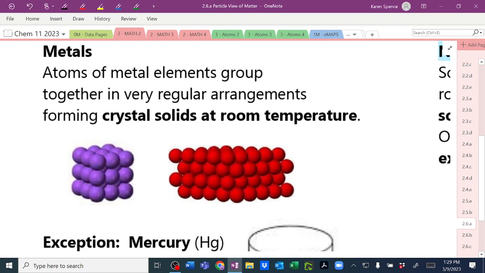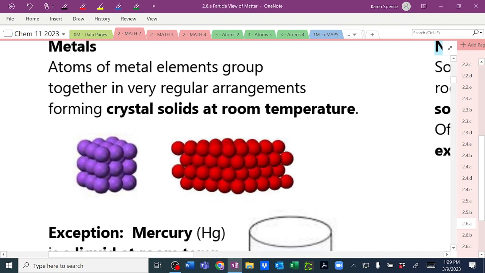So what does that look like when they are a solid? It looks like this. Does this shape, does this overall arrangement remind you of any other type of matter? It looks like a ionic crystal lattice. And in fact, this is also a crystal lattice, but it's not an ionic crystal lattice.